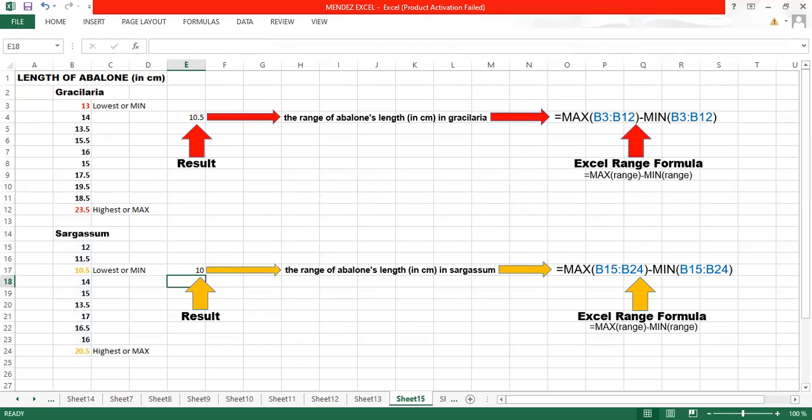So the result is 10. Thus, the range of abalone length, 10.5 centimeters in feeding gracilaria, is greater than the range of abalone length, which is 10 centimeters in feeding sargassum.